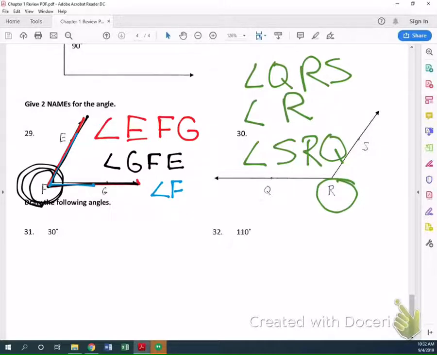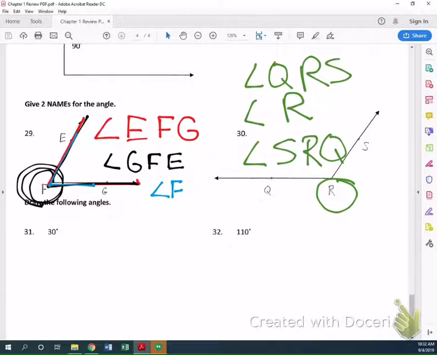Now, number 31 and 32, it might be easier for you to just get a protractor and measure the angle that you drew yesterday, or you can have one of us check it if you're unsure. But I'm going to just go ahead and scroll up and draw these on the board underneath. It's a little easier than using the iPad.